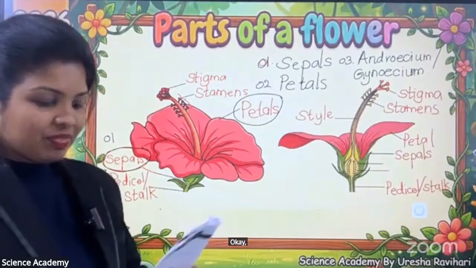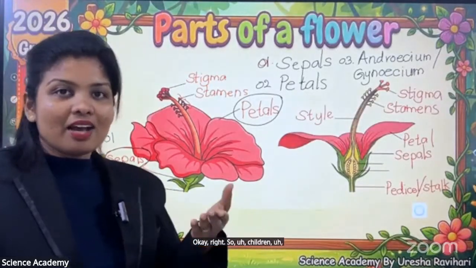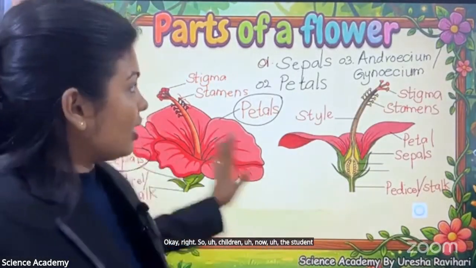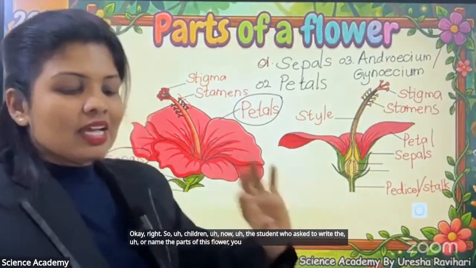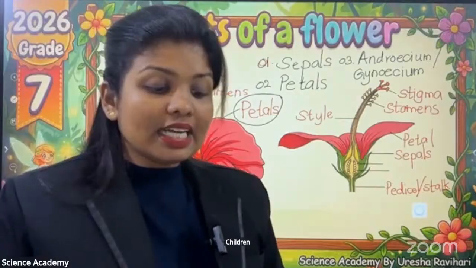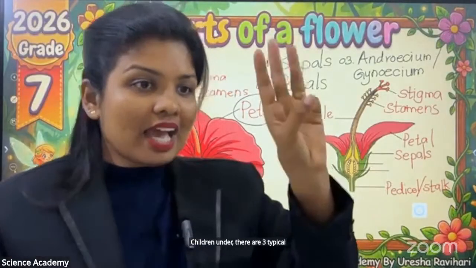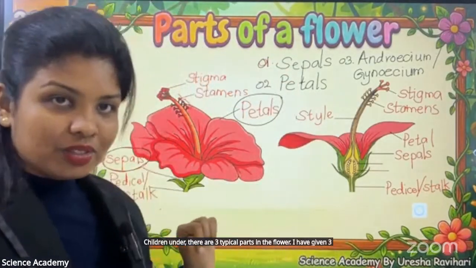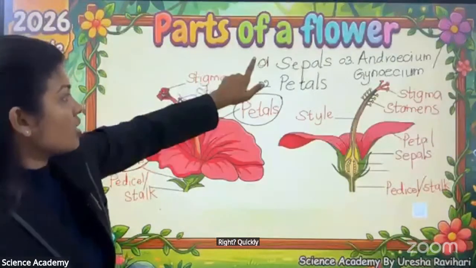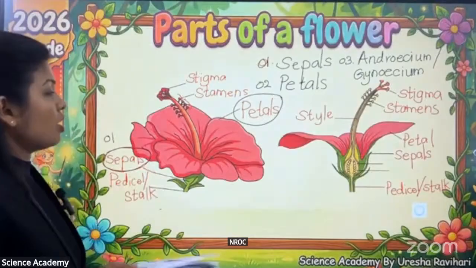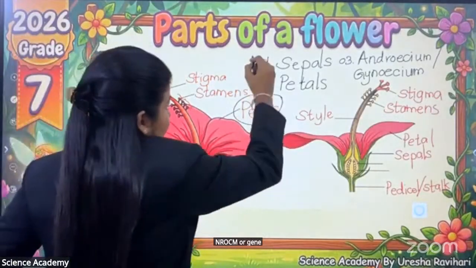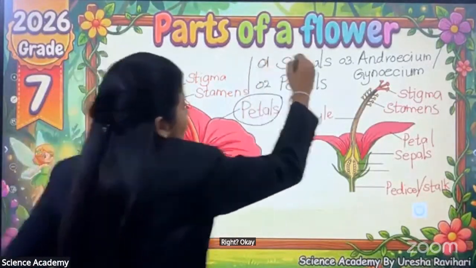So children, now the student who asked to write or name the parts of this flower, you can name. Under there are three typical parts in the flower, I have given three blanks in the tute. Quickly write this one: sepals, petals, androecium or gynoecium. Right? Okay.